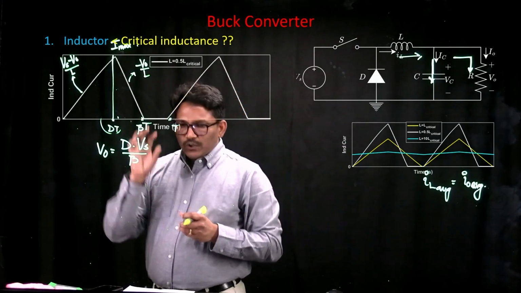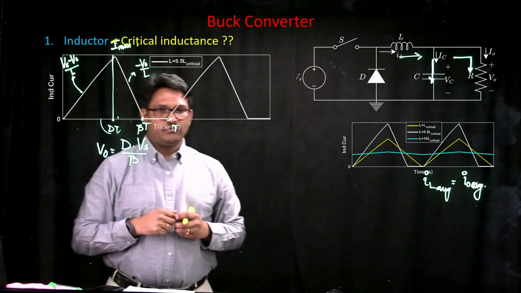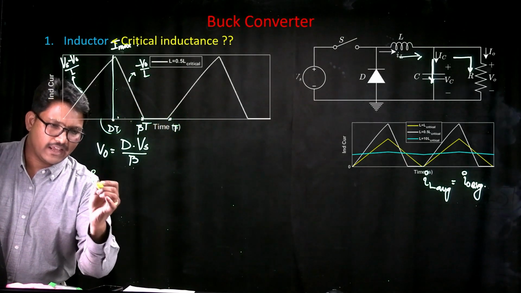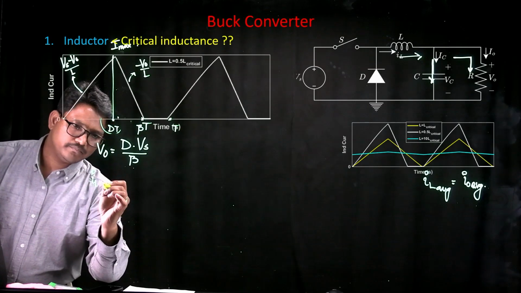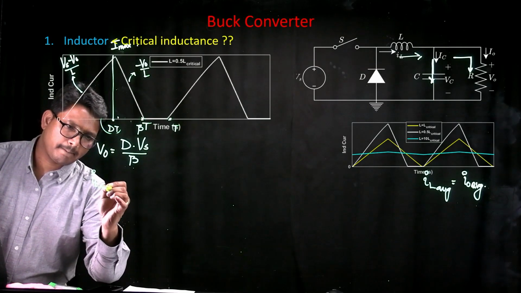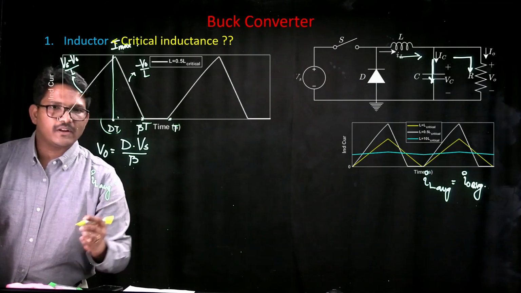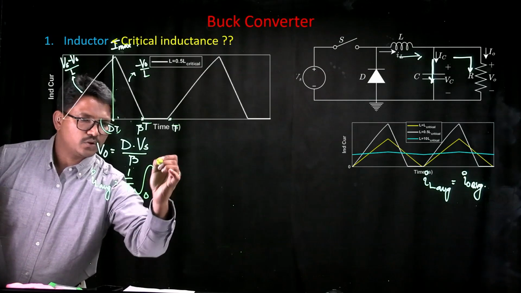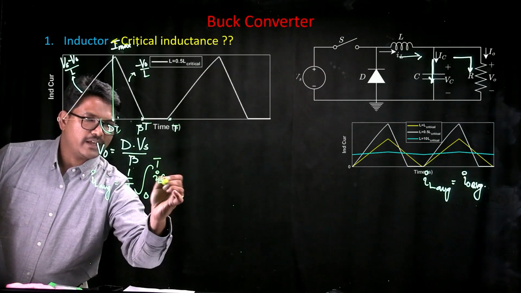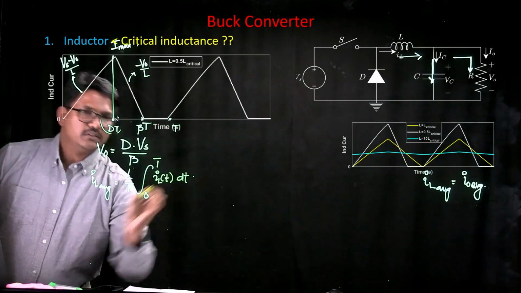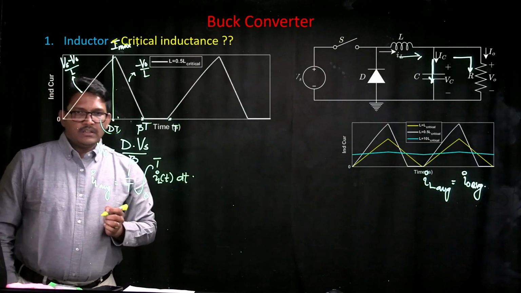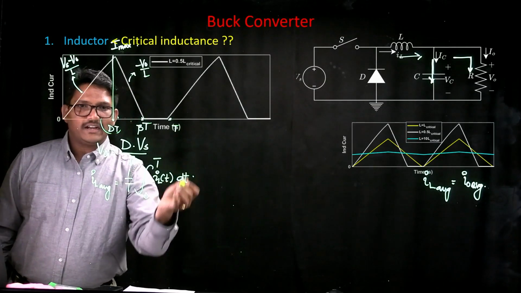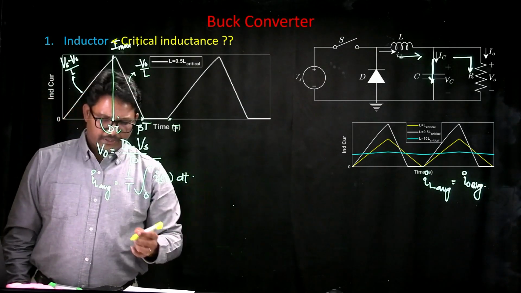So now if you try to get the expression for the average value of inductor current, your IL average value over a period of time is 1 upon T integral 0 to T IL of t dt. If you wanted to, you could substitute the values of inductor current and integrate.